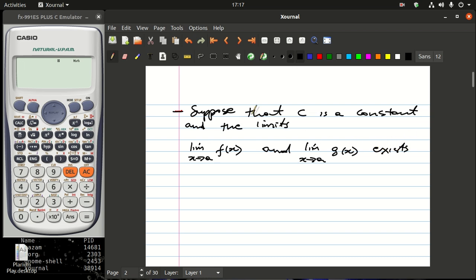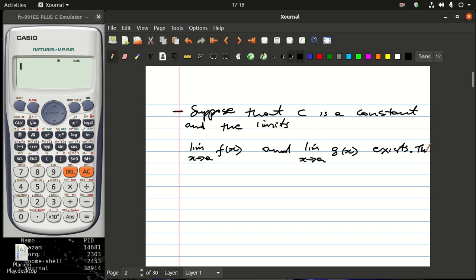What we actually mean by this is that as long as this is a constant and I know that this limit here can be evaluated to some value and this one here can be evaluated to some value, which means it exists, right? On both the left and the right, we're approaching the same value. That's what we mean by this, it exists.